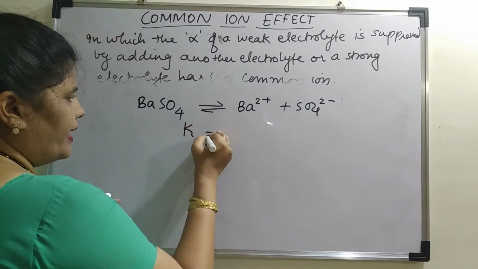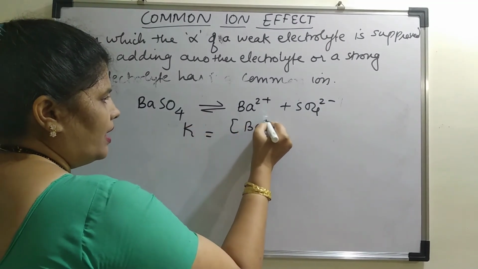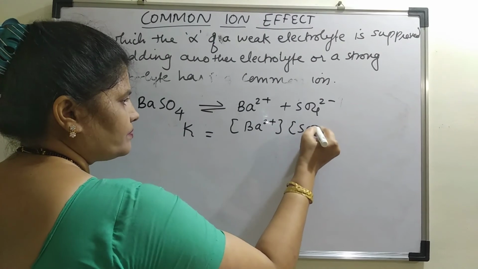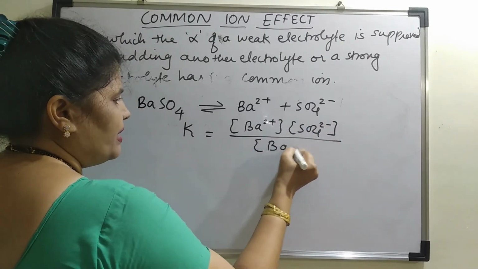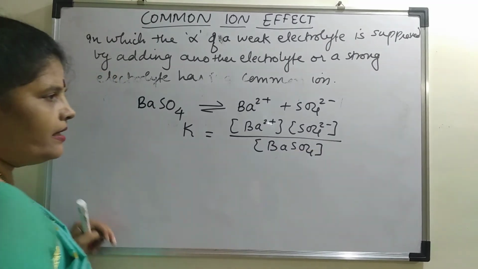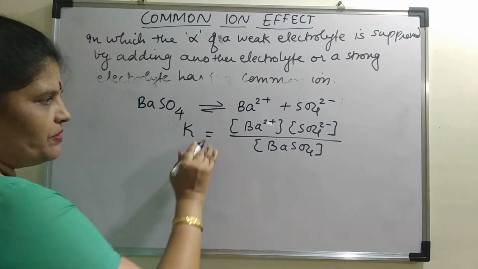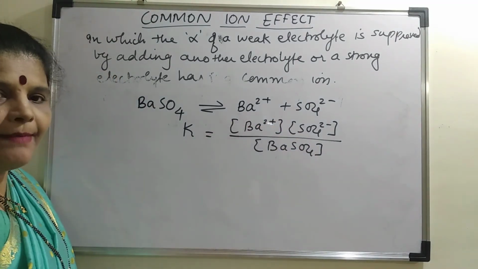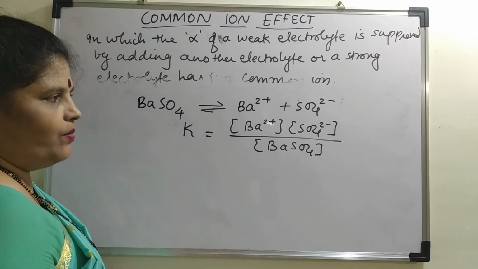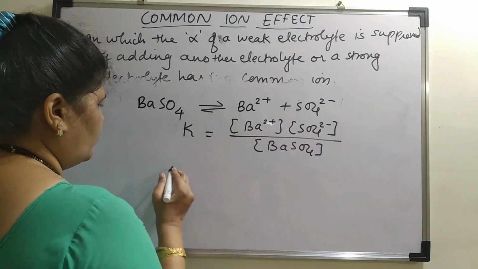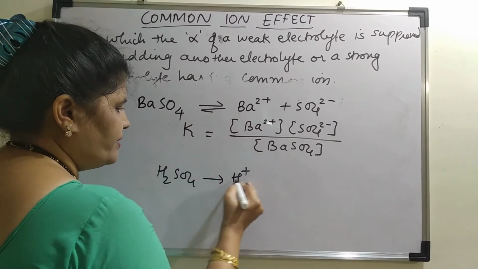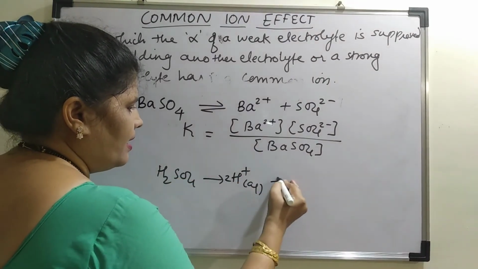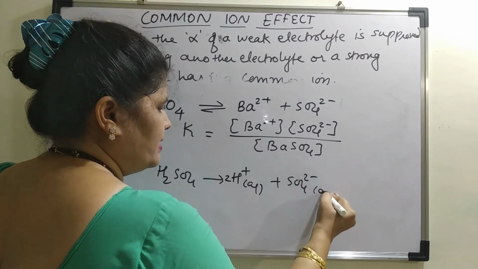The equilibrium expression will be Ba2 plus and SO4 2 minus upon BaSO4, right? So I will acidify the water with H2SO4. The other electrolyte I will add is H2SO4. It will give me 2H plus and SO4 2 minus.